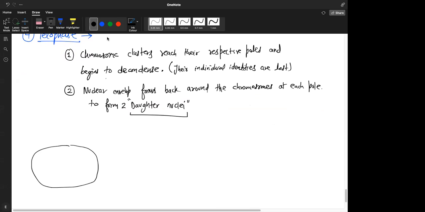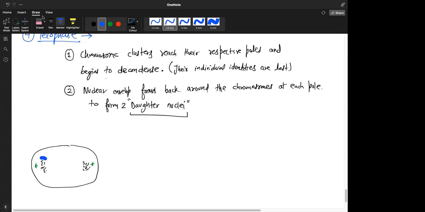This was the cell. You will start seeing, at the very end will be your centrosomes, but all your threads have reached here. Similarly, all your chromosomes have reached here.